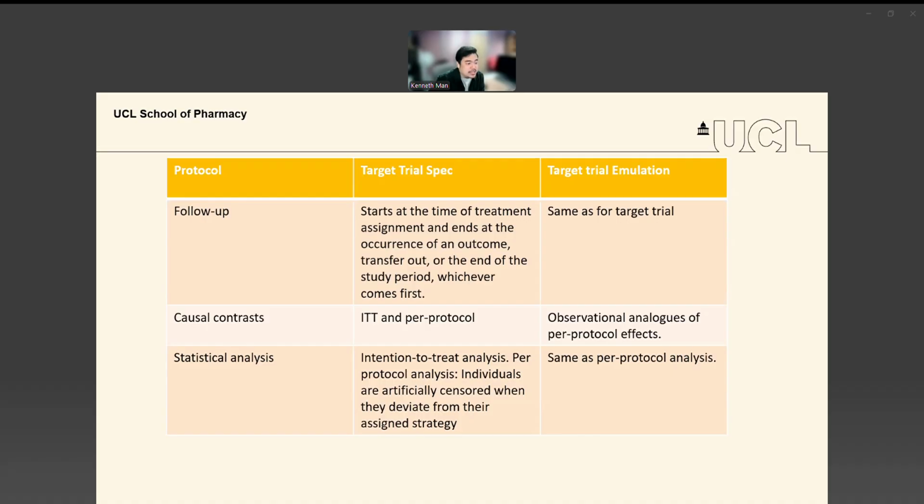For statistical analysis, in a target trial it's the ITT and the per-protocol analysis, and individuals are censored if they deviate from their treatment strategies. That's exactly the same as what we are doing, so we're going to emulate it with the per-protocol analysis. So that's our target trial, and how are we going to emulate it with our observational data?